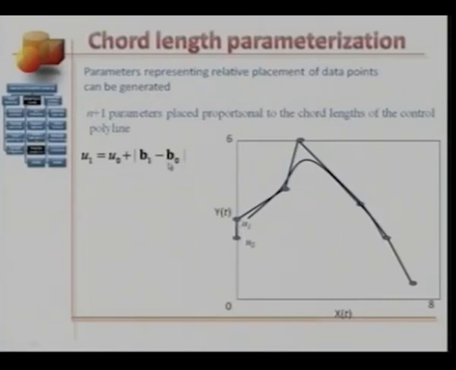Remember, these data points are vectors, specifically position vectors. How about computing u2? I can compute u2 as u0 plus the absolute value of B1 minus B0 plus the absolute value of B2 minus B1. In a sense, u2 is u0 plus this chord length here plus this chord length here.